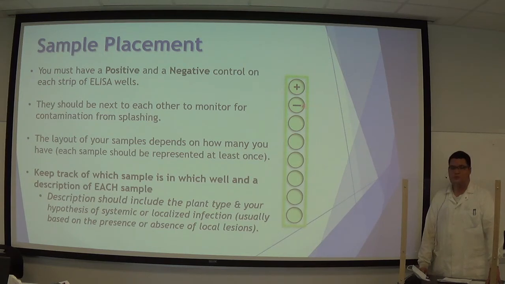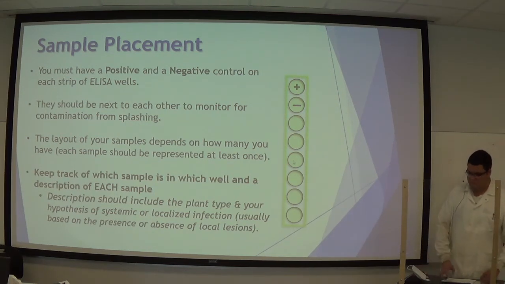Your negative sample is just going to be water. And then your 3 samples are going to be your tomato plant and then your 2 varieties of tobacco plants. And those will be your 5 samples. Make sure you write down either on the wells or on a separate sheet of paper what's in each well. It doesn't matter which order you load them in, just make sure they're all together.